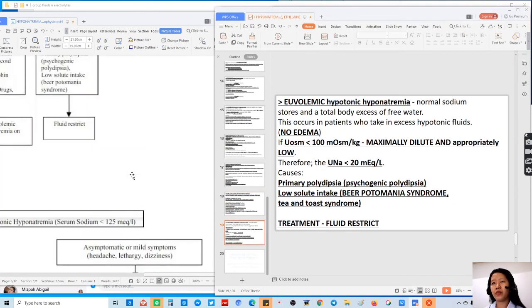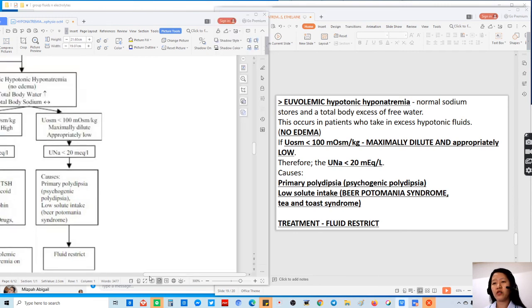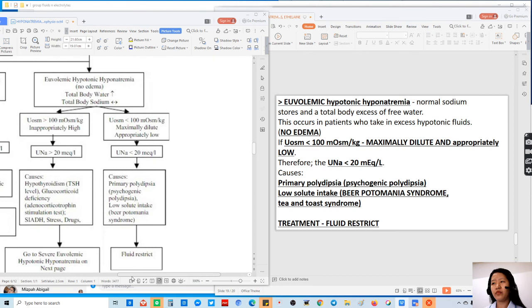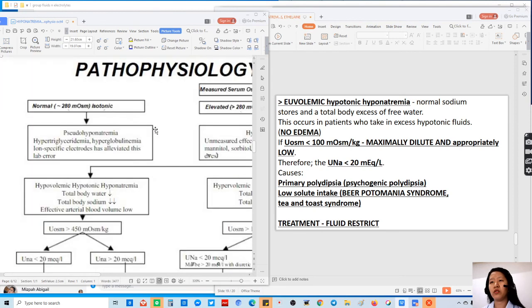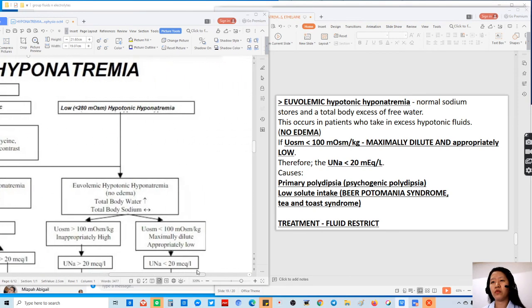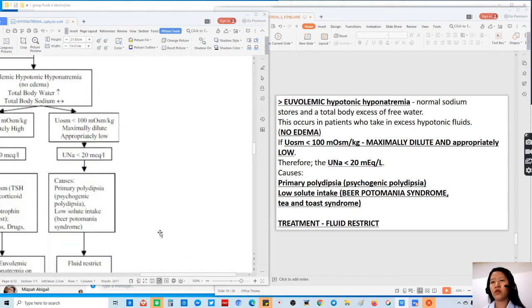Then for the euvolemic hypotonic hyponatremia and the urine osmolality is less than 100 milliosmoles per kilogram, maximally dilute, appropriately low.